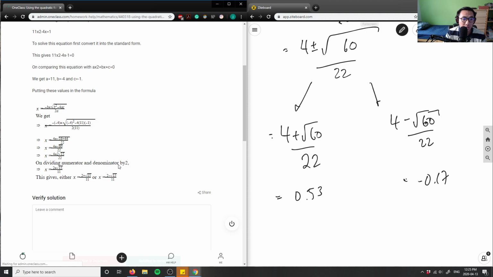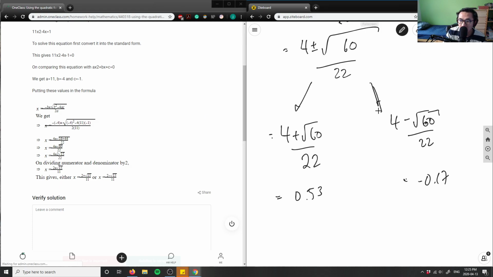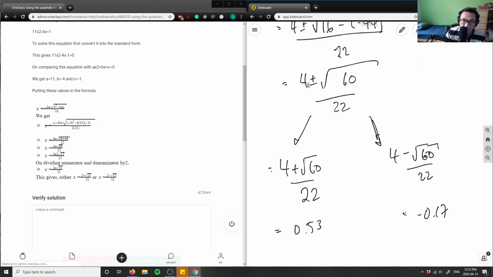They did the exact same thing with this quadratic equation. As you can see, this equals 4 plus minus root 60 over 22, which is great. And they actually took it a step further.